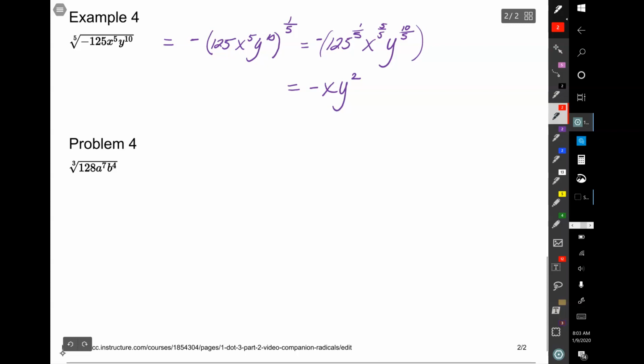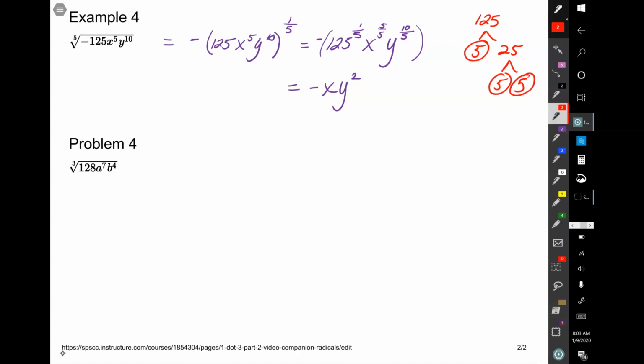Which isn't going to happen, but let's just show how it works when I break it down to primes. 125 is the same as 5 times 25. And then 25 breaks down to 5 times 5. So I have 3 primes, 3 factors of 5. So I could get a 5 cubed, but not a 5 to the 5th. So I really just need to leave it as that.